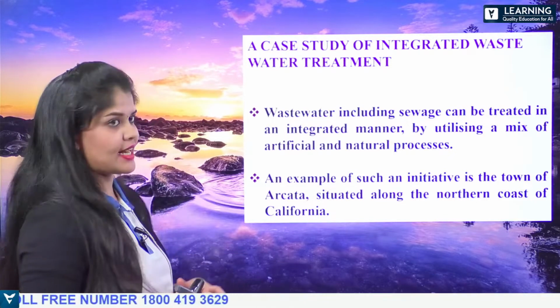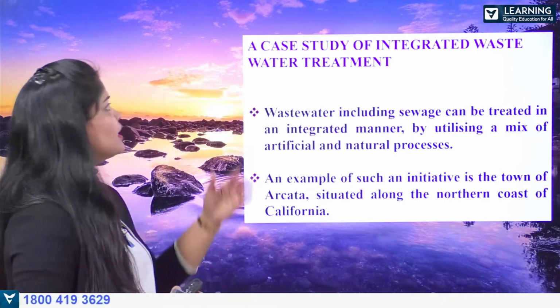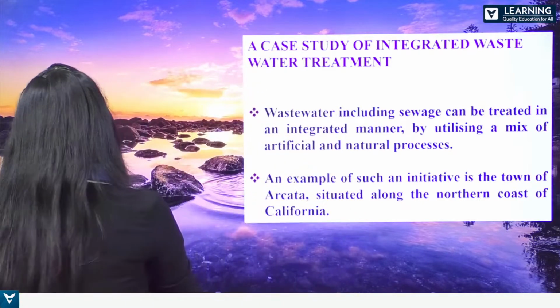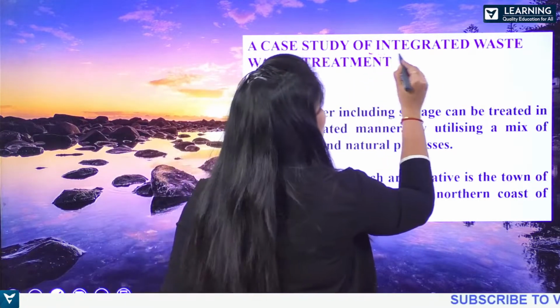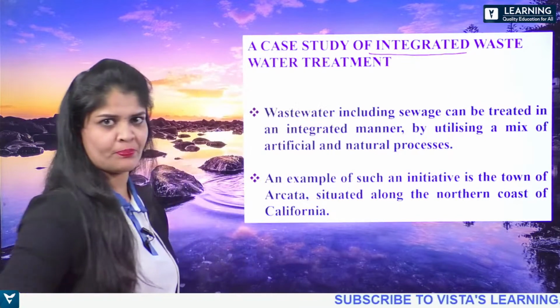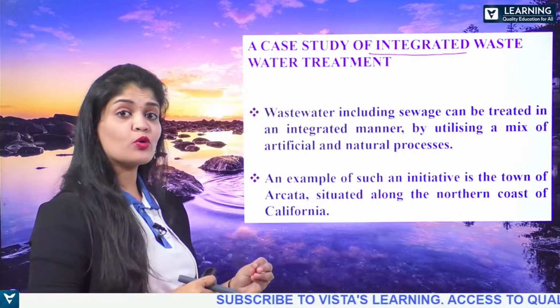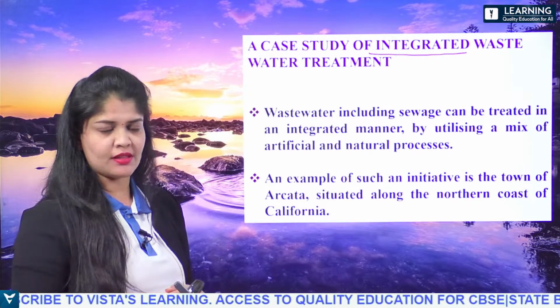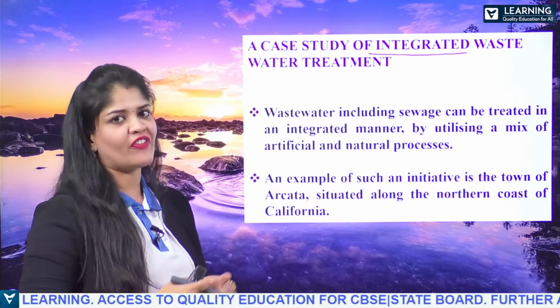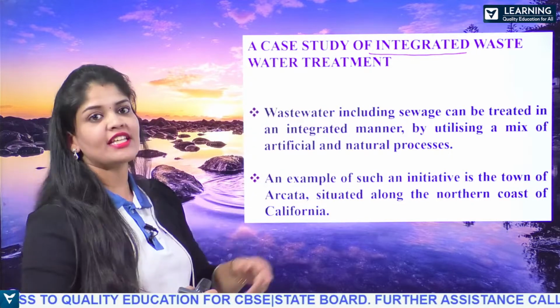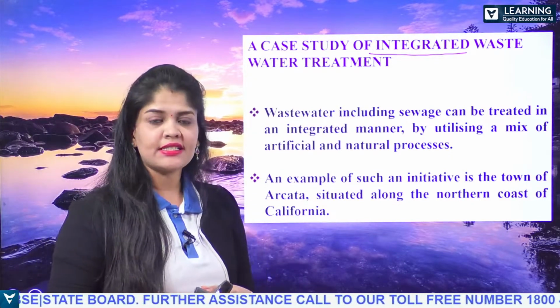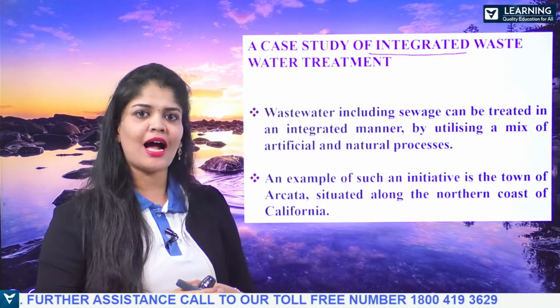Let's discuss a case study of integrated treatment. As we already mentioned, integrated is a mixture of two procedures. Here, we are using both natural as well as artificial treatment methods to treat the wastewater. We already discussed water pollution and its control.